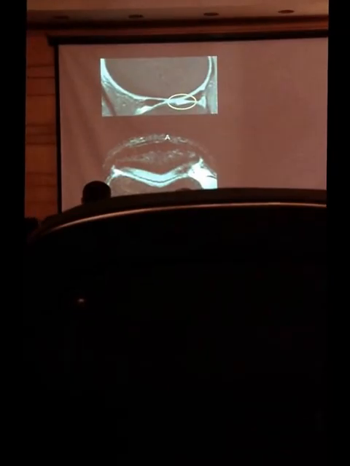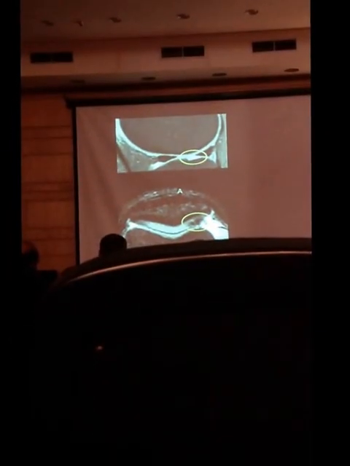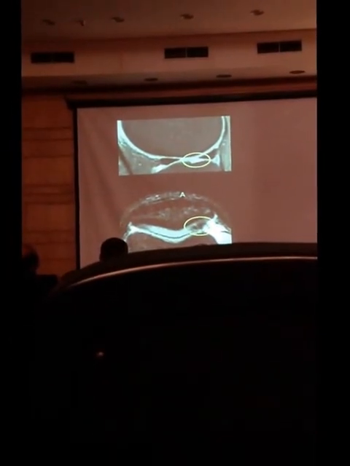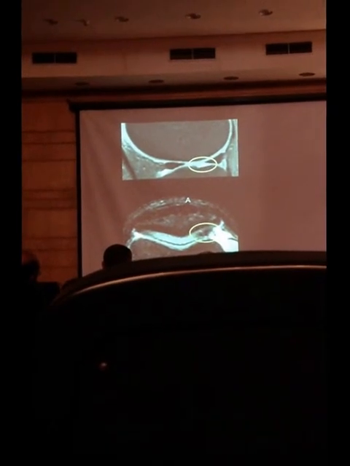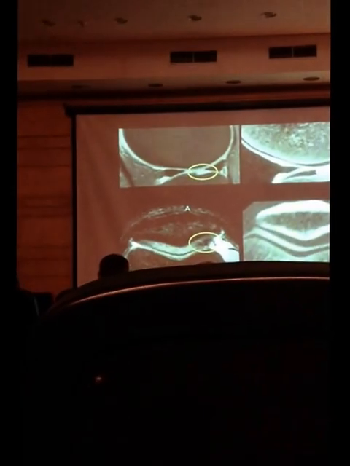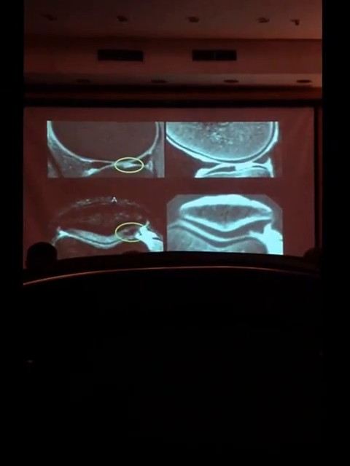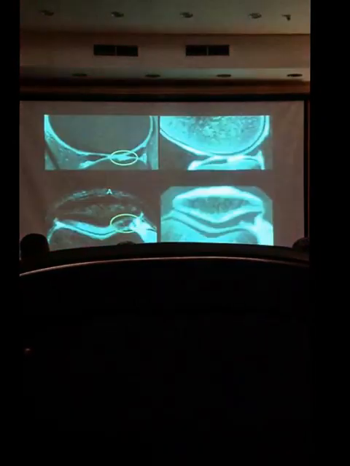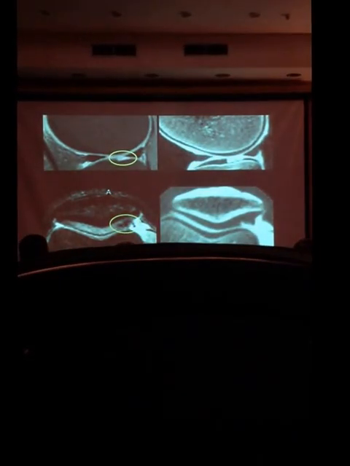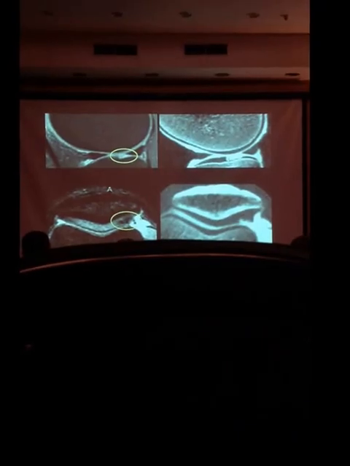This is another example to show you. Here we see there might be some pathology on MRI. Here as well, we see signal changes, some fibrillation of the superficial layer of cartilage, we're not sure. And when we see the arthrography, we're astonished by CT arthrography. Look at the size of this erosion, a very deep erosion in the lateral tibial plateau.